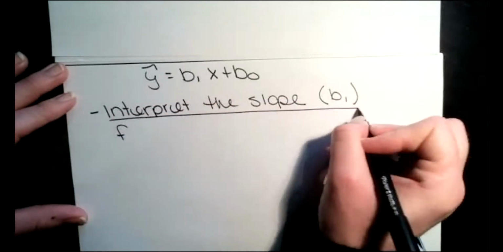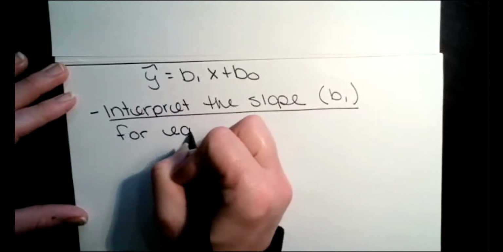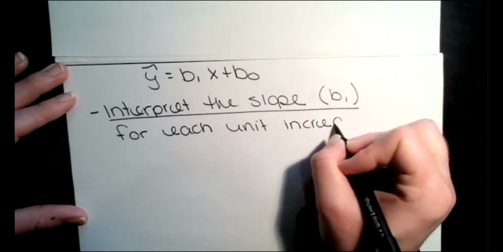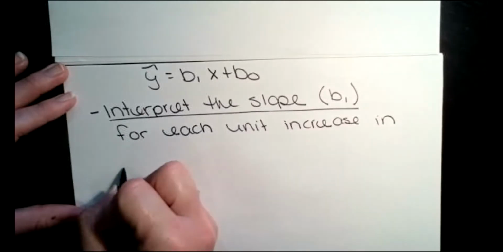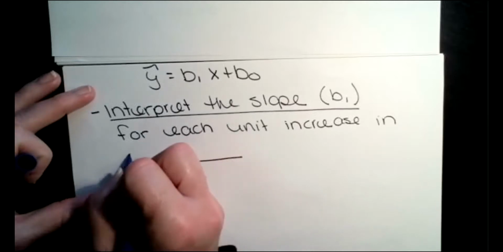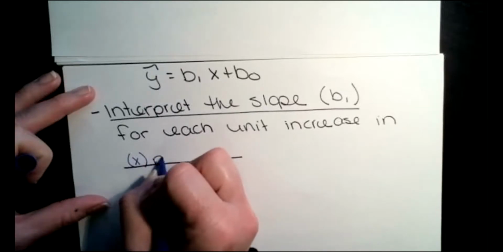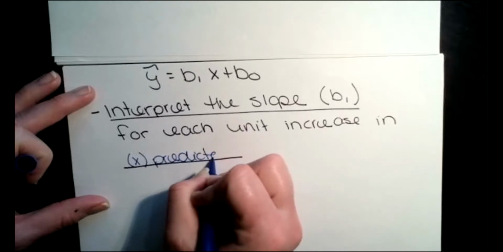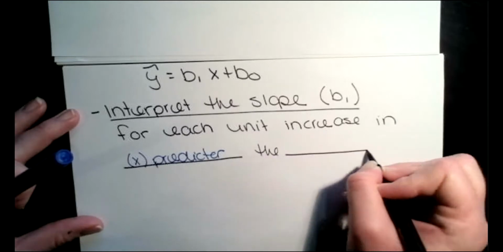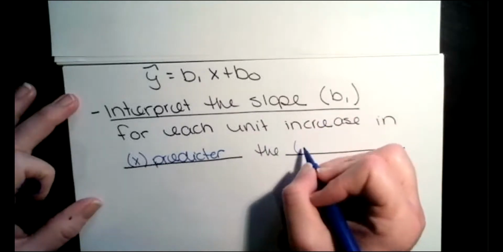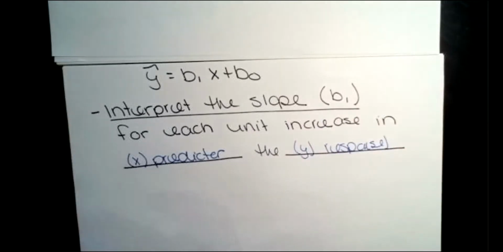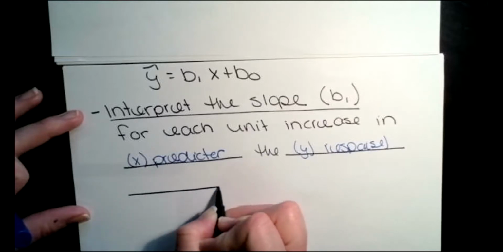For each unit increase in my X variable, that predictor variable, the Y or response variable is either going to increase or decrease.